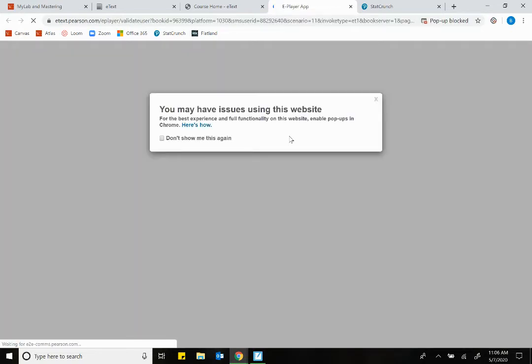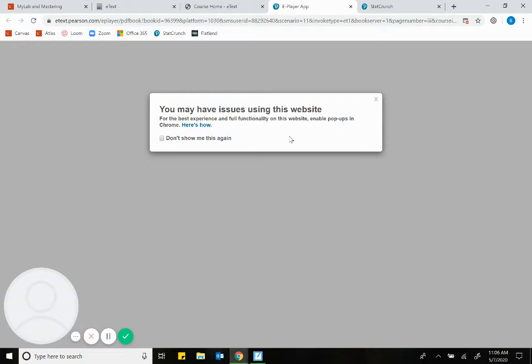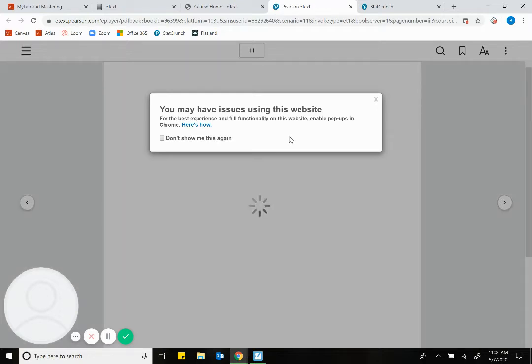And now it's going to get ready to open up our textbook. And we're going to jump to page, as this thing opens up. We're going to jump all the way to page. Here we go. 70.